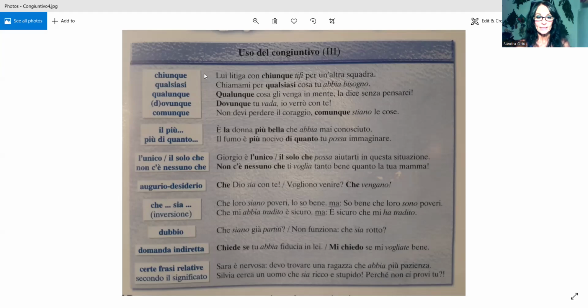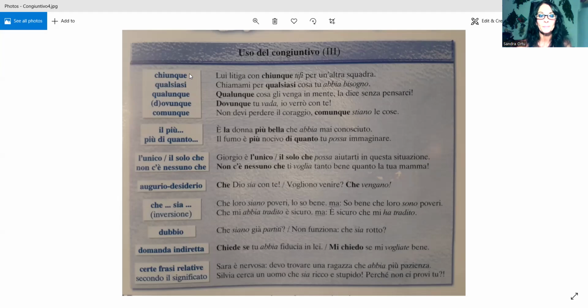So let's see. Each of these little boxes has a certain word or certain constructions, as I said, which are followed by subjunctive.